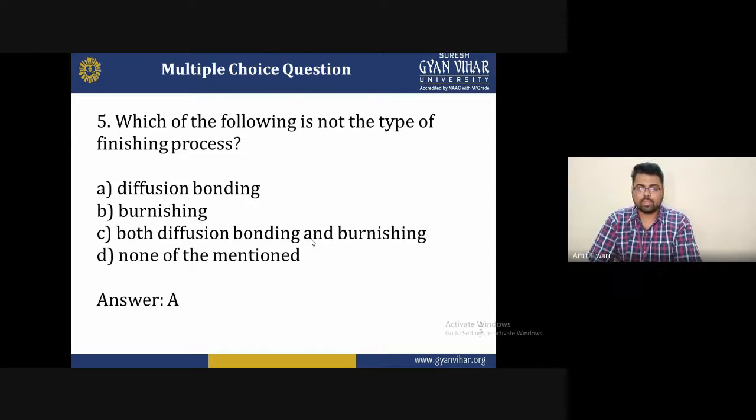So the correct answer is A, that is diffusion bonding is not a type of finishing process, whereas burnishing is. After machining, you produce such operations and give the part a new accurate shape with the help of burnishing.